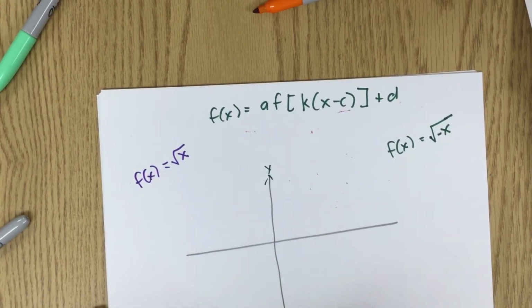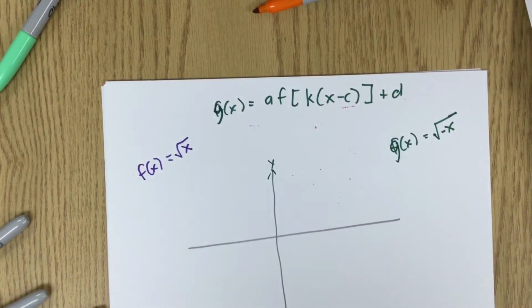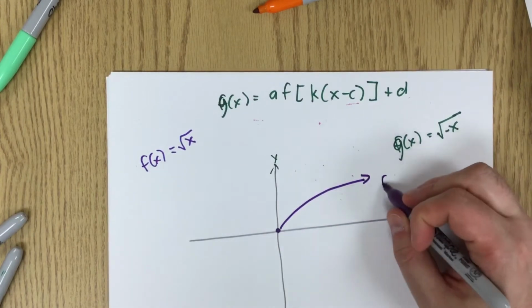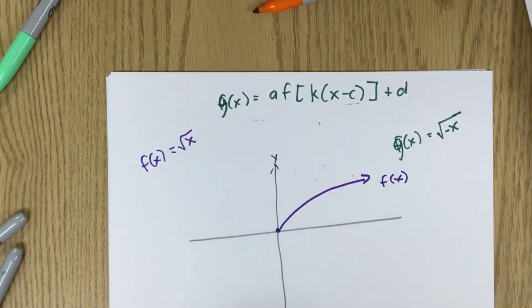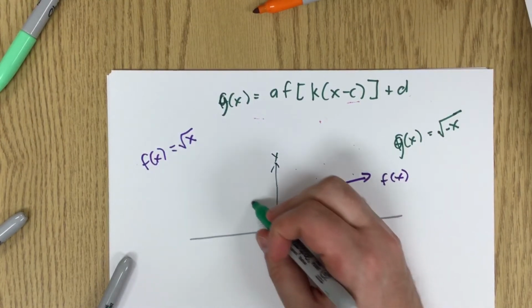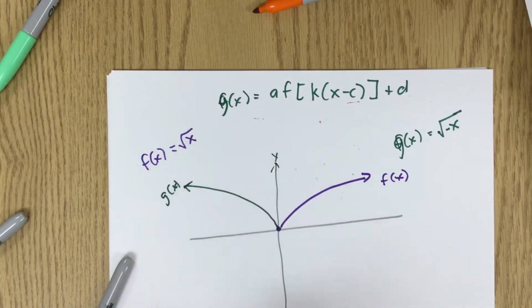So sorry, I want that to be a g of x. I don't know why I keep on writing f of x for that. So that was our original, so that's our f of x over there. And then the g of x with the minus is going to look something like this. And that's our g of x.